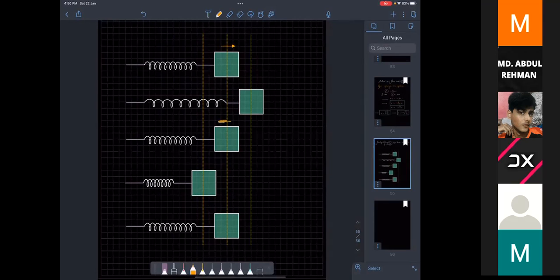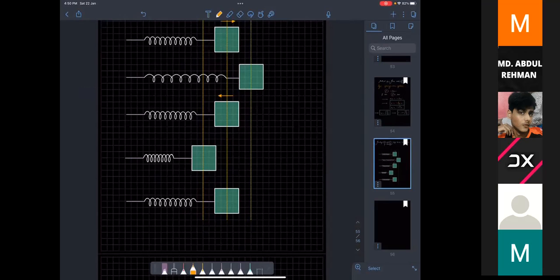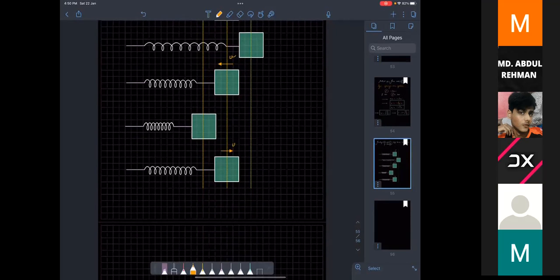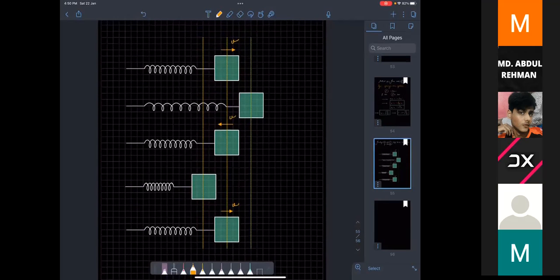In the third situation, the velocity is in the left direction. In the fourth, again, velocity is 0. And in the fifth, it is in the right direction. Clear? So this is the direction of V.